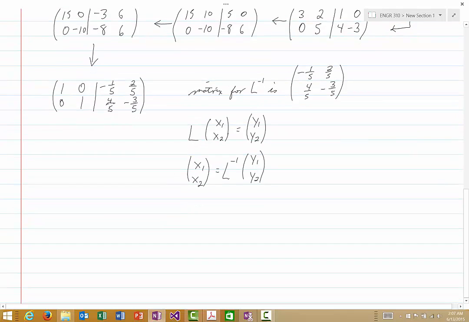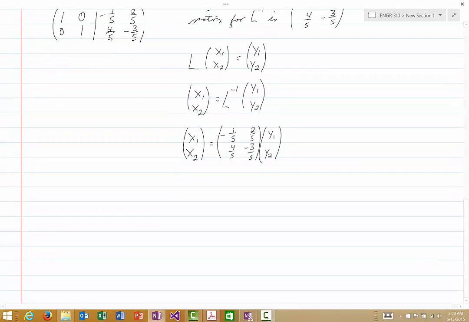And now if we substitute the matrix representing L inverse, we will get minus 1/5, 2/5, 4/5, minus 3/5, times y1, y2.